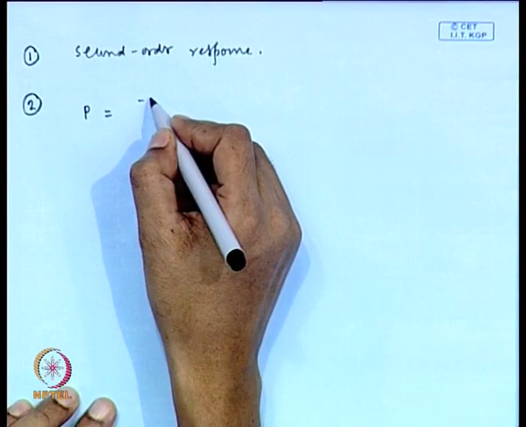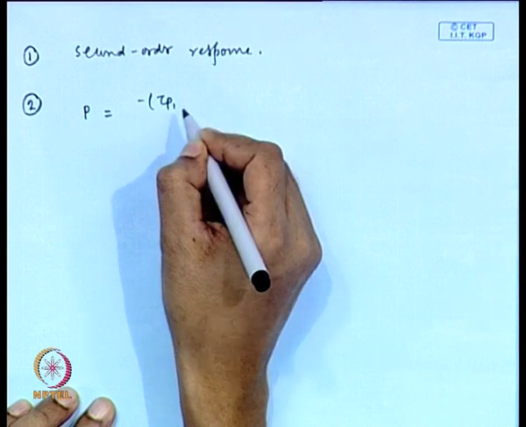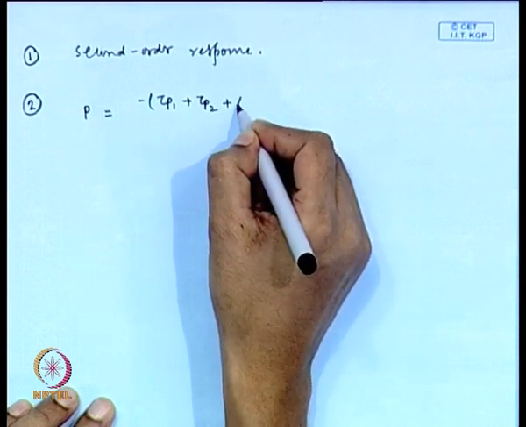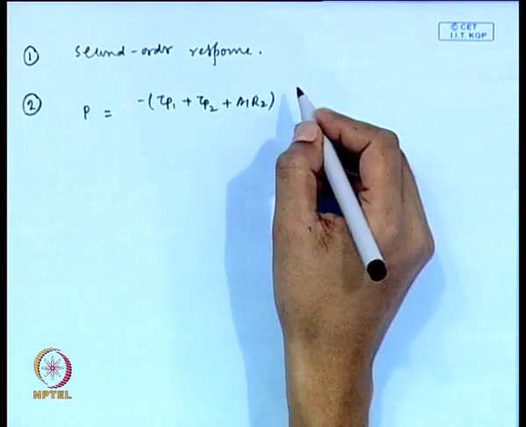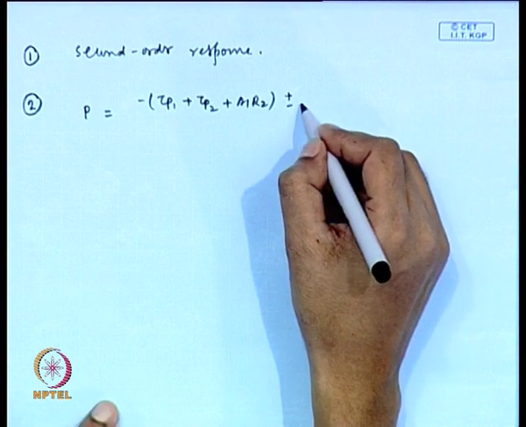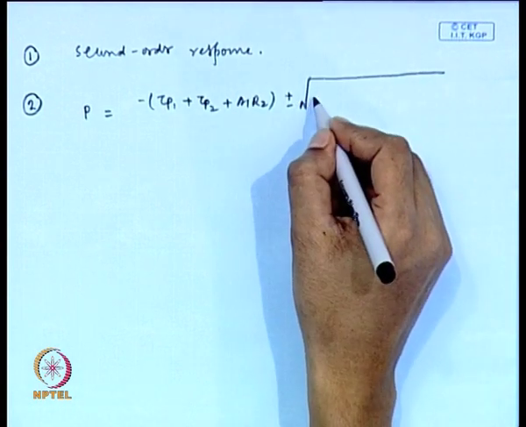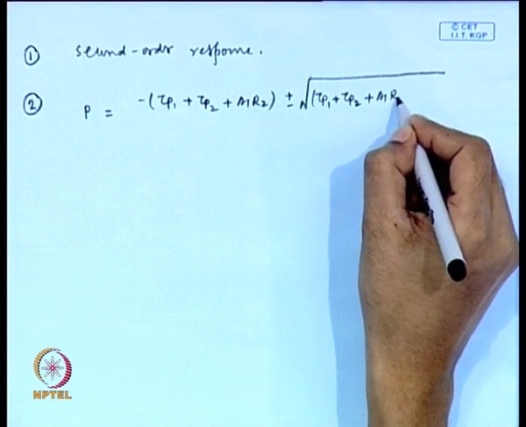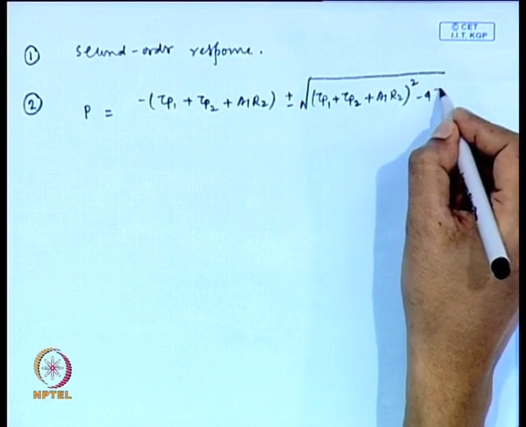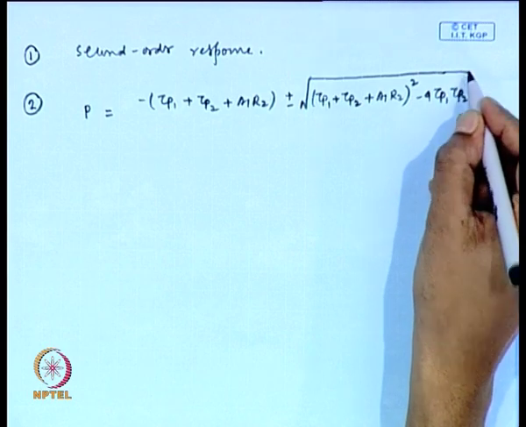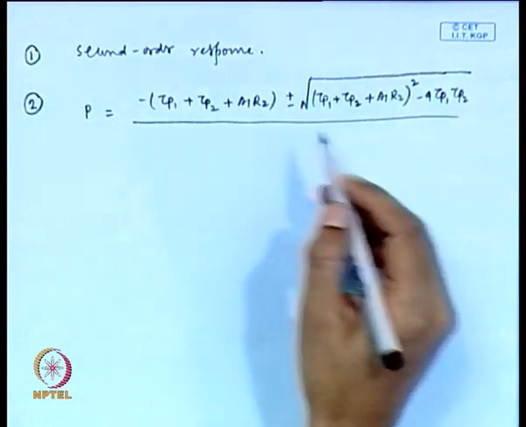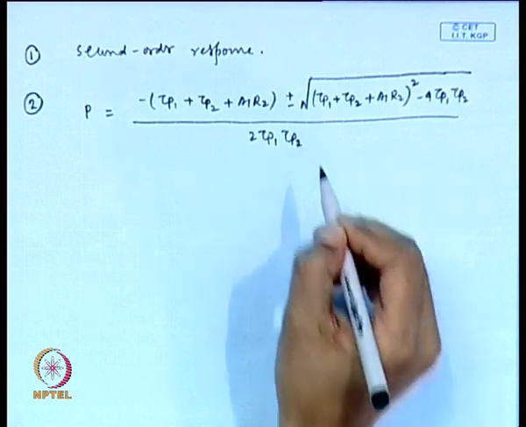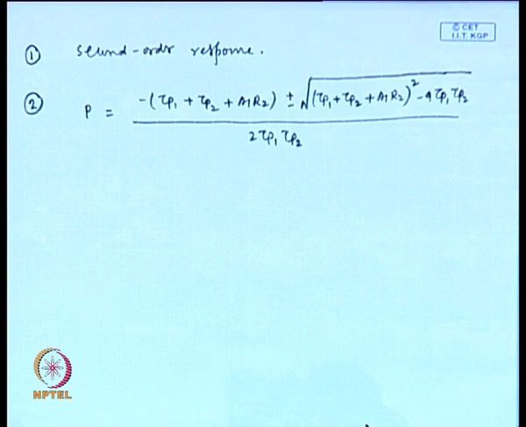So, the roots we can write in this form: tau p1 plus tau p2 plus a1 r2 plus minus root over tau p1 plus tau p2 plus a1 r2 whole square minus 4 tau p1 tau p2, divided by 2 tau p1 tau p2. Fine. There are two roots and they are represented by this form.